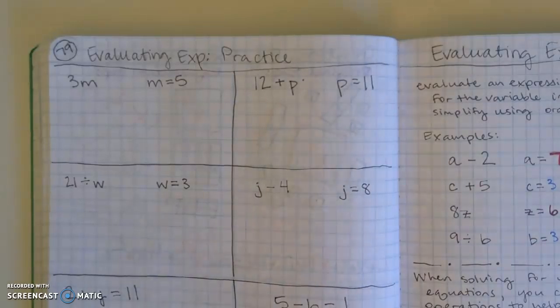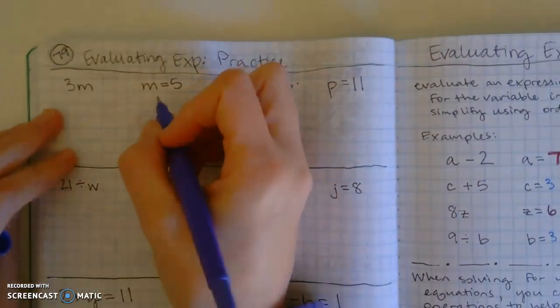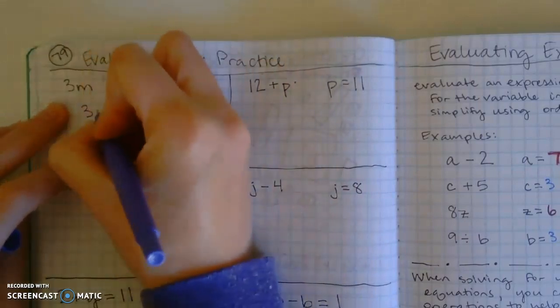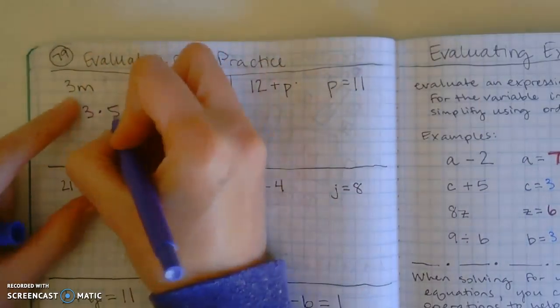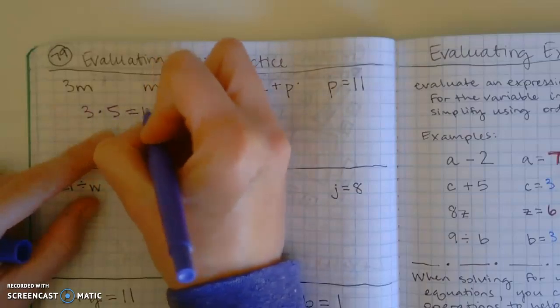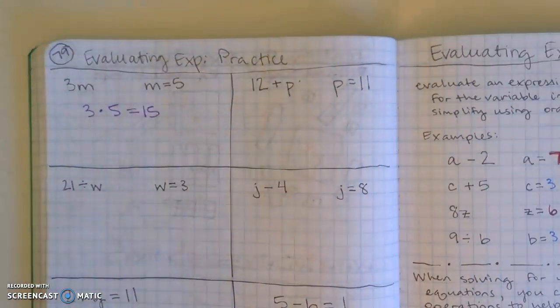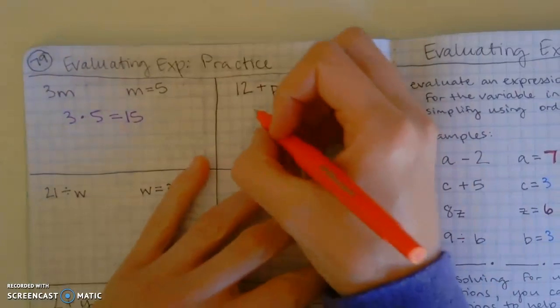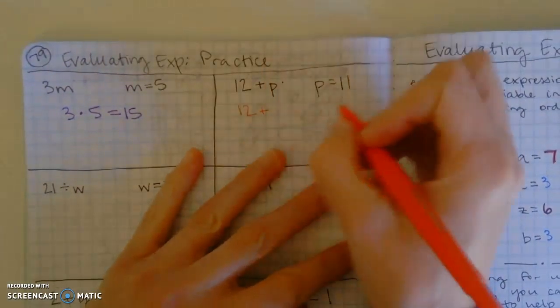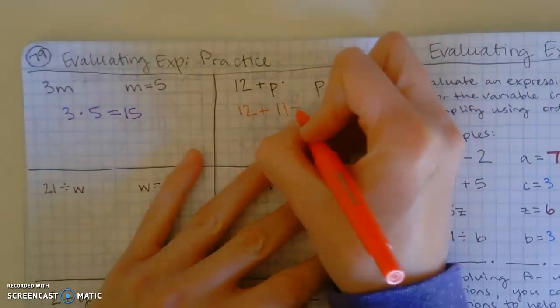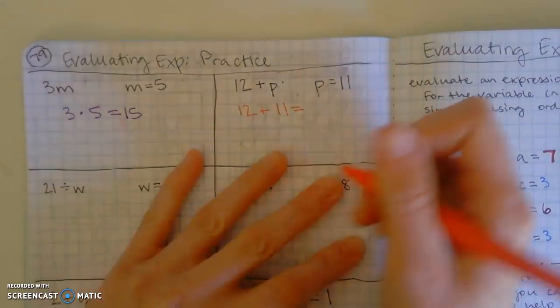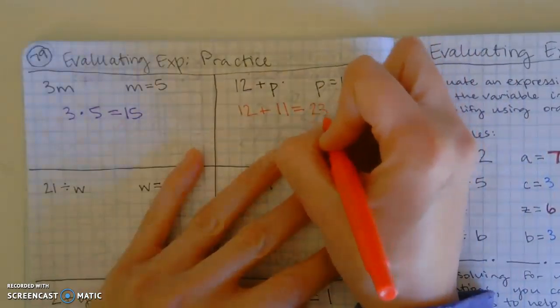Okay. I'm going to just do these real quick. So 3 times m, and I'm going to replace m with 5. So 3 times 5 equals 15. Okay, 12 plus p, and p equals 11. So that's going to be 23.